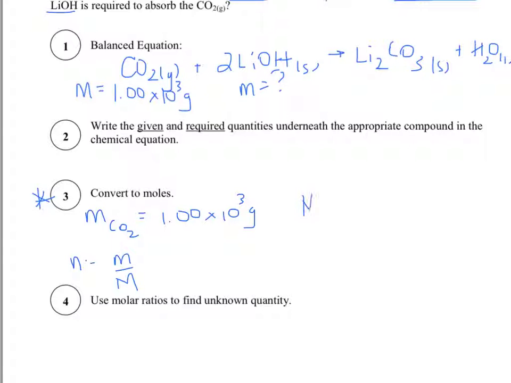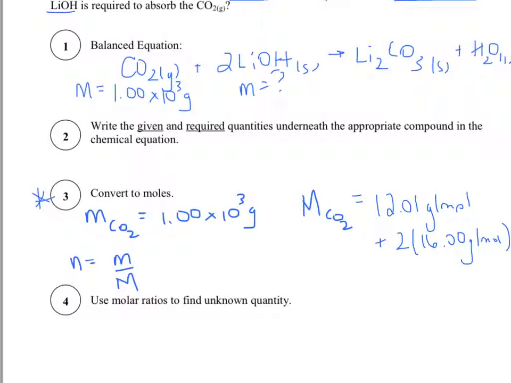So I need the molar mass of CO2, which is equal to 12.01 grams per mole for carbon, plus 2 times 16.00 grams per mole for oxygen, to give us a total of 44.01 grams per mole.